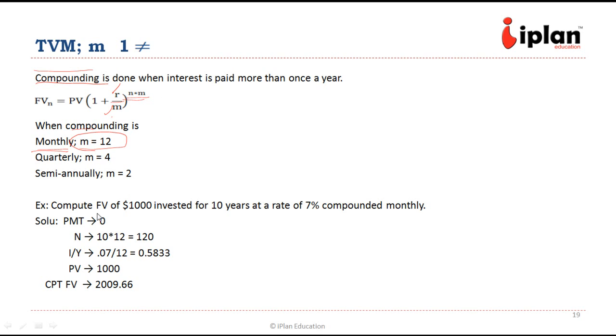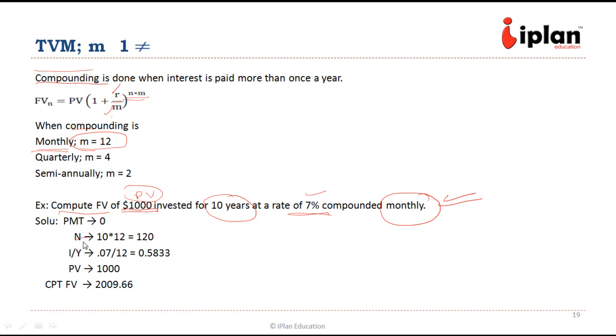Let us take this example. If this is the present value invested for 10 years, we have to compute the future value. The rate of interest is 7%, which is to be compounded monthly.